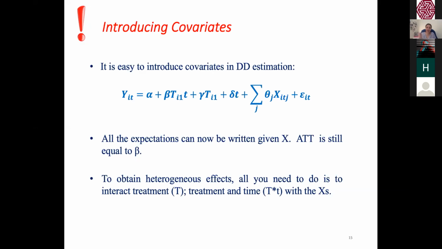I can interact this education variable with my interaction variable, the treatment multiplied by the time, and this interaction between the time dummy, the treatment dummy, and the covariate will give me the impact of the treatment on a specific group. Okay.